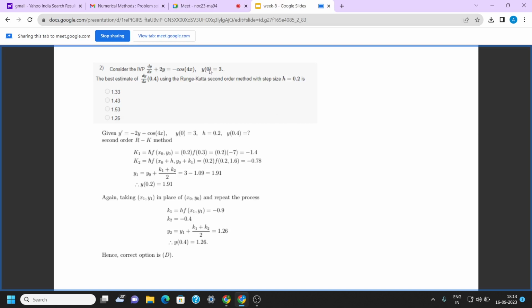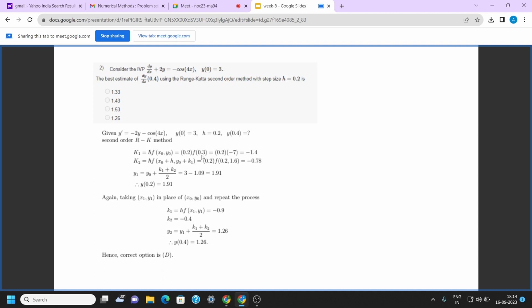So here x naught is 0 and y naught is 3, right? So substitute 0 comma 3 in this function, okay? At the place of y substitute 3 and at the place of x substitute 0, okay? And see what you are getting. So you get f of 0, 3.